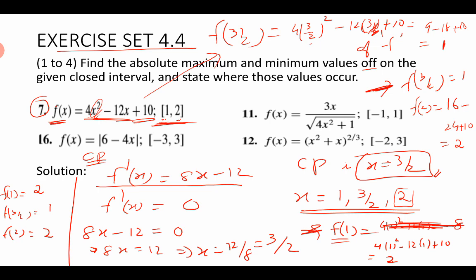So you get maximum value at 2 points, minimum value at 1 point. That is it. So absolute maxima is at x equal to 1 comma 2, which gives f max, which is 2. And x is equal to 3 over 2 gives f minima, which is 1. That's the end of this problem.